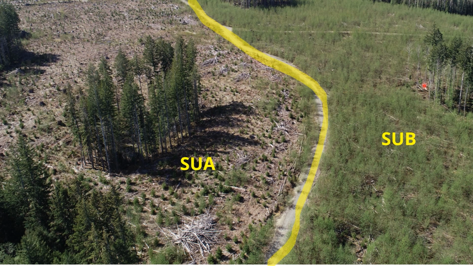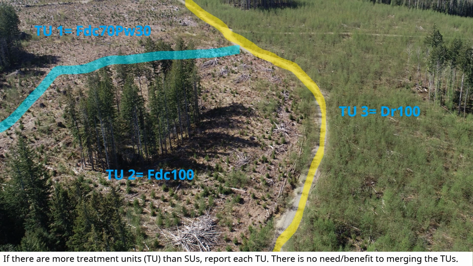So that's the minimum expectation. Now, I fully expect that you'll have some standards units with multiple planting units. For this example, maybe SUA was actually managed as two treatment units. TU1 has a fir pine mix, and TU2 is straight Douglas fir.